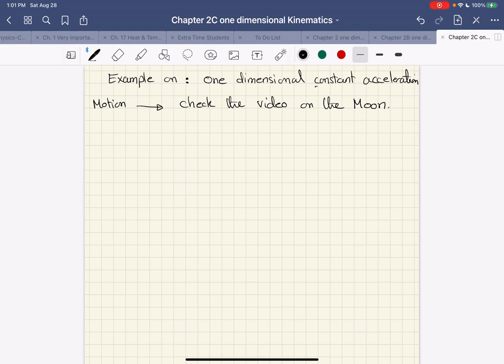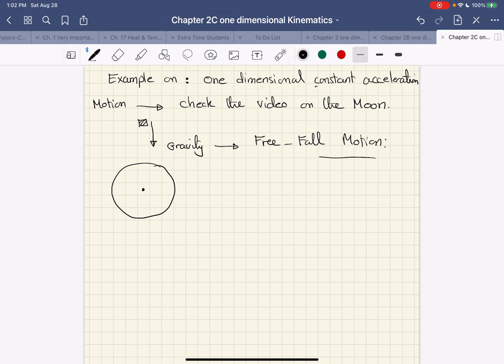Now, what we have here is, this is the Earth, and I have something here that is going to be pulled towards the Earth by what is called gravity. Gravity is going to create an acceleration. We call it free fall motion.